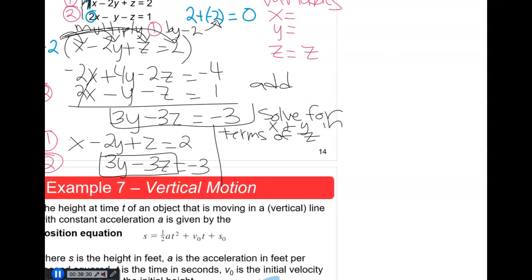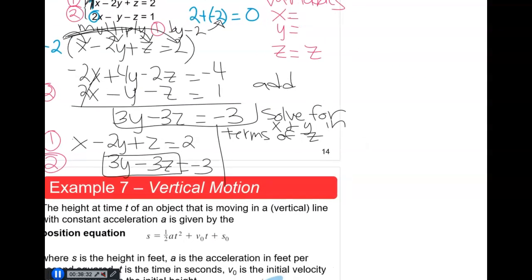And so if I take 3y minus 3z, and then I solve for y, I will get the following. So 3y is equal to positive 3z minus 3.